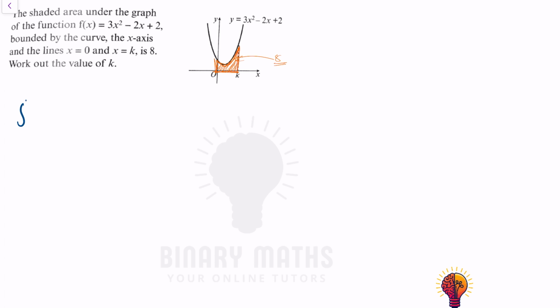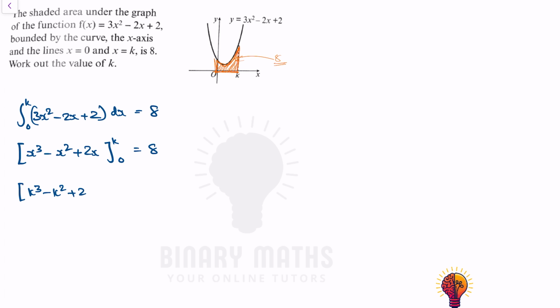That means when we integrate between k and 0, 3x squared minus 2x plus 2, all dx, we get 8. Integrating first, I get 3/3 x to the power 3, which is just x cubed, minus 2/2 x squared, which is just x squared, plus 2x between k and 0, equal to 8. Substituting k in, k cubed minus k squared plus 2k, minus the value at 0, which is 0, is equal to 8.